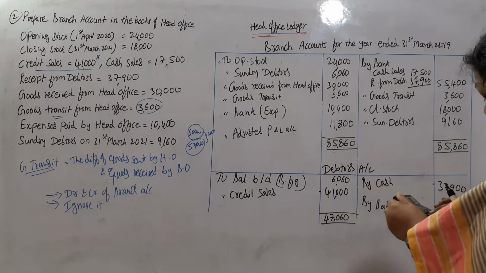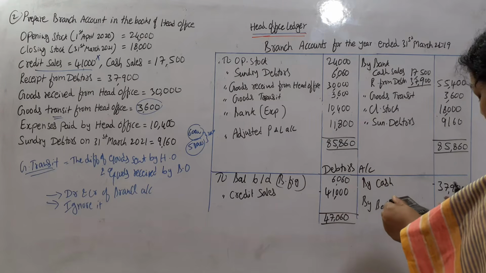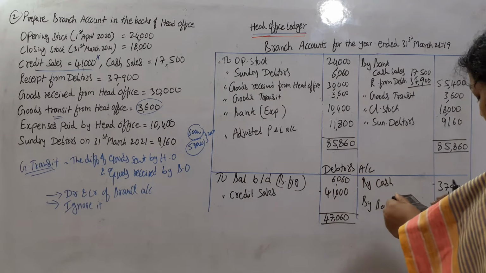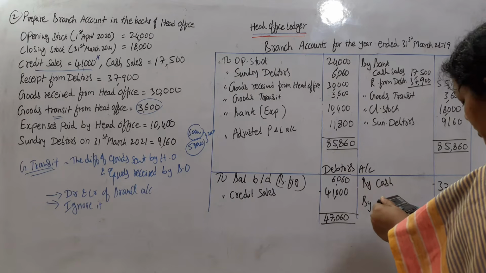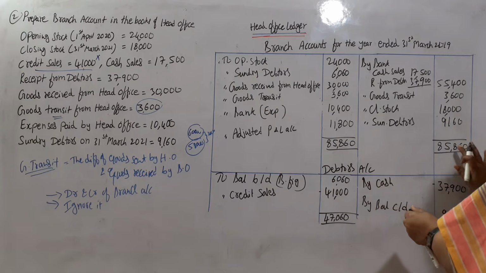55,400 plus 3,600 plus 18,000 plus 9,160. It is 86,160.